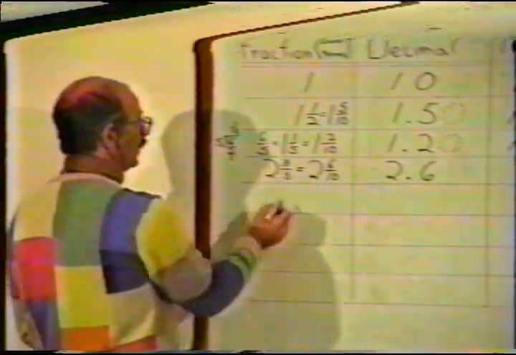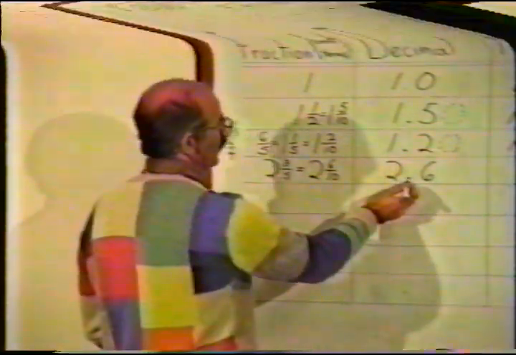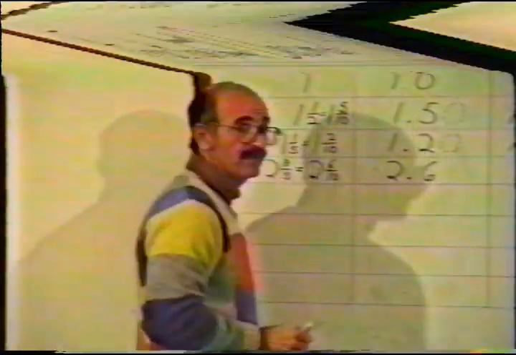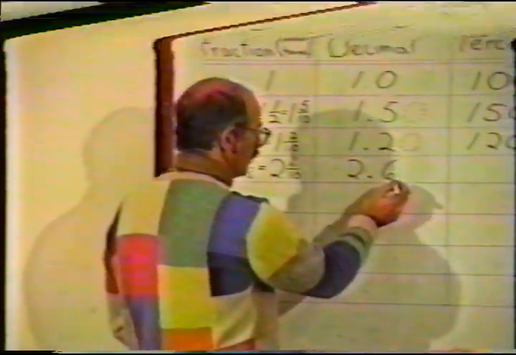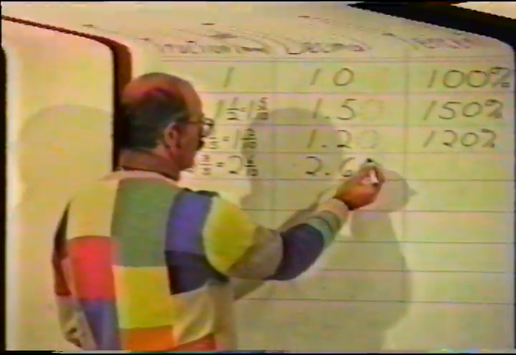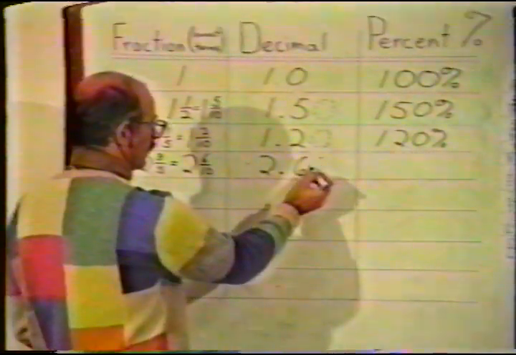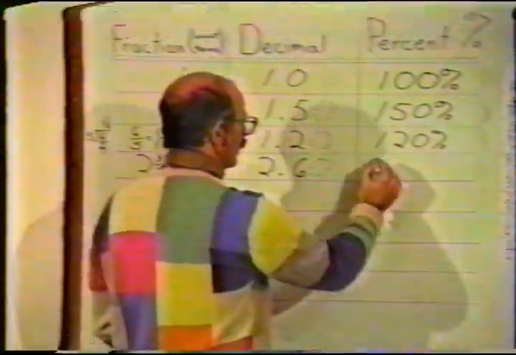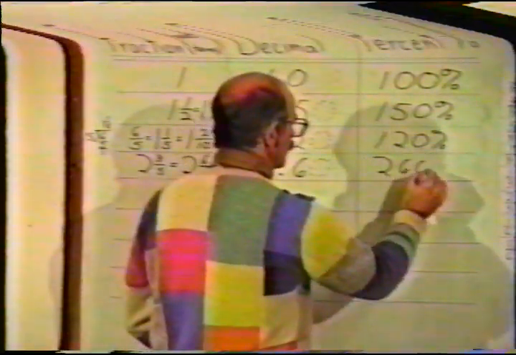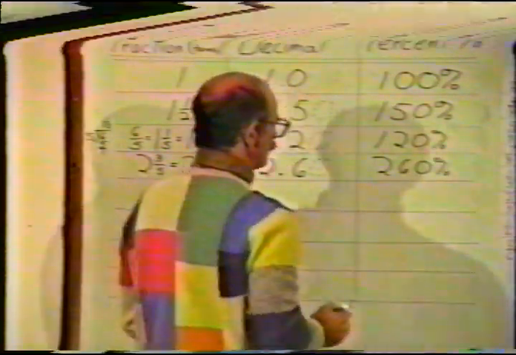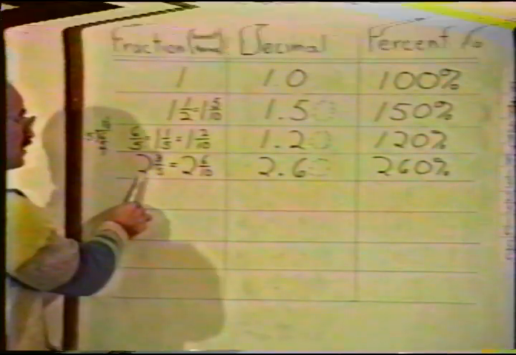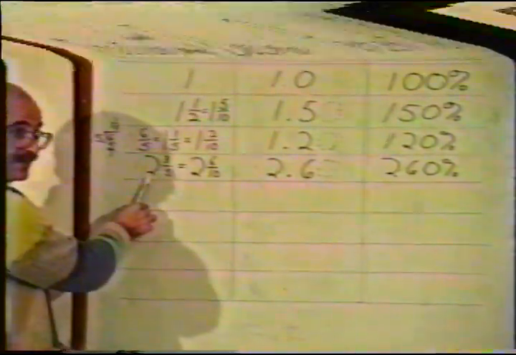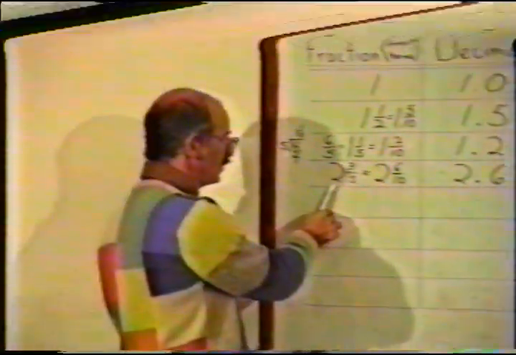5. Now to change the decimal into a percent, we move the decimal point 2 places to the right. 1, 2. In this place again we put a 0, and we get 260%. Now we can say to ourselves the 2 is worth how much percent? 200.